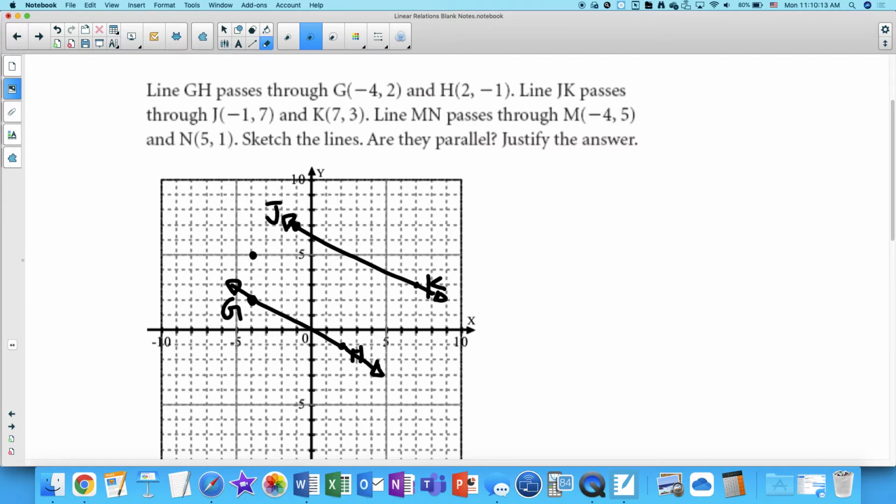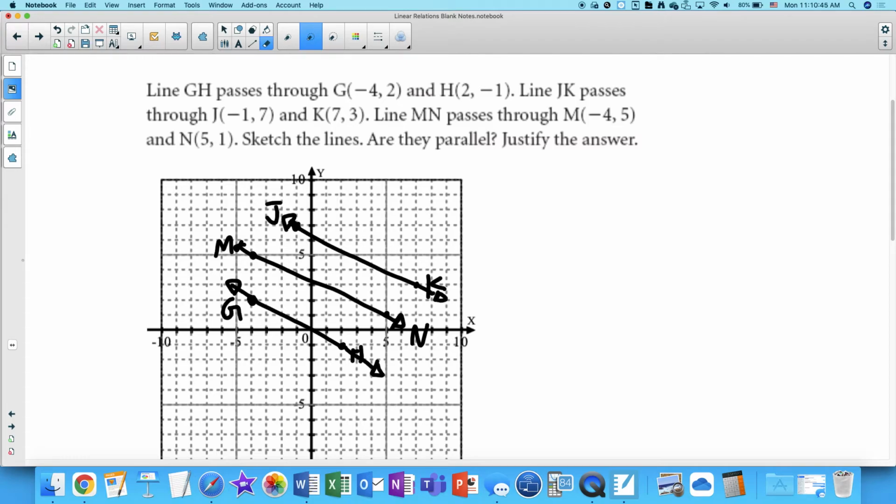There's M. And N is at (5, 1). Okay, so there is MN. Just visually, is it possible that these are parallel? Yeah. Any two of them or all three of them could be parallel to one another. So we can't use eyesight to rule anything out here.